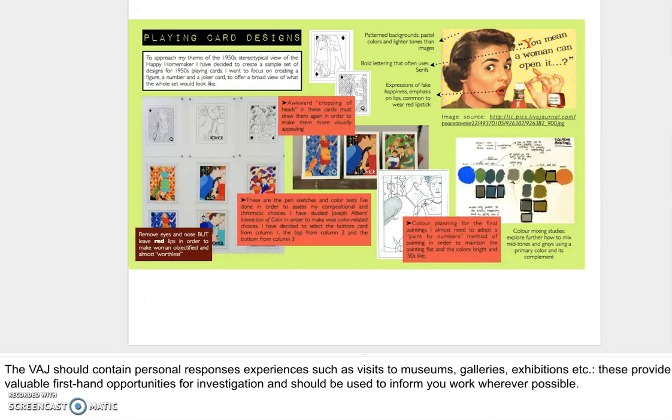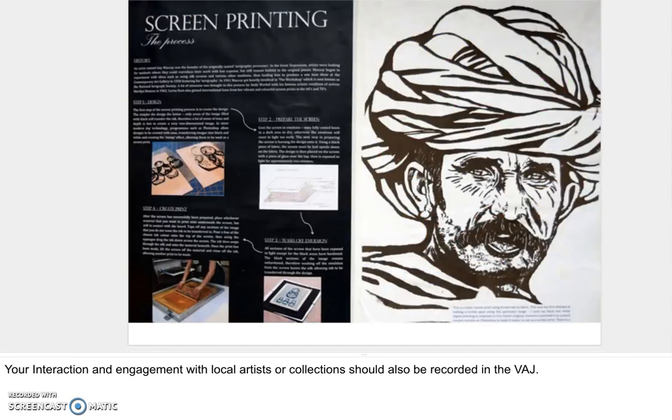The journal should contain personal responses and experiences, such as visits to museums, galleries, and exhibitions. These provide valuable first-hand opportunities for investigation and should be used to inform your work wherever possible. Your interaction and engagement with local artists or collections should also be recorded in the journal.